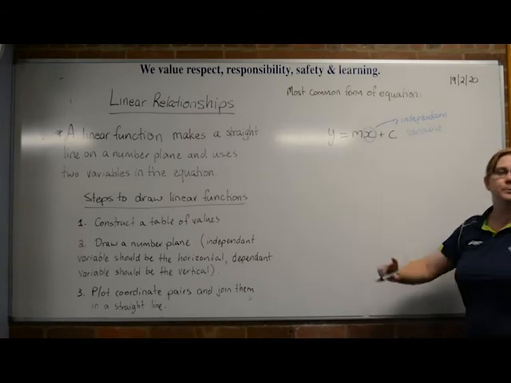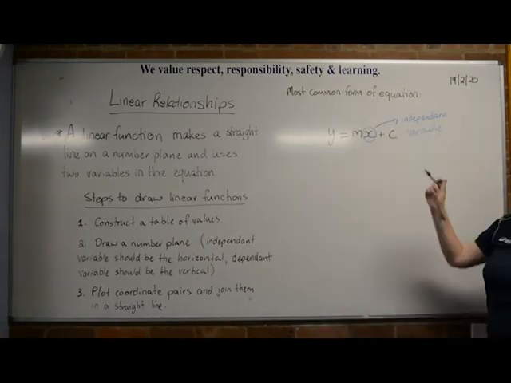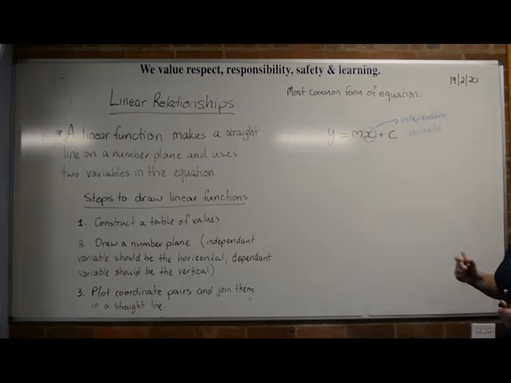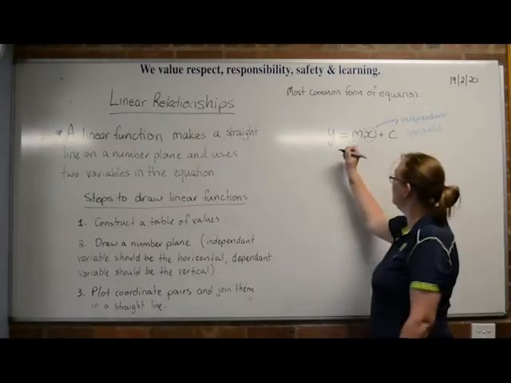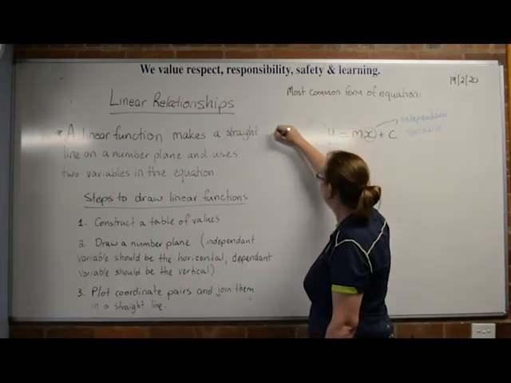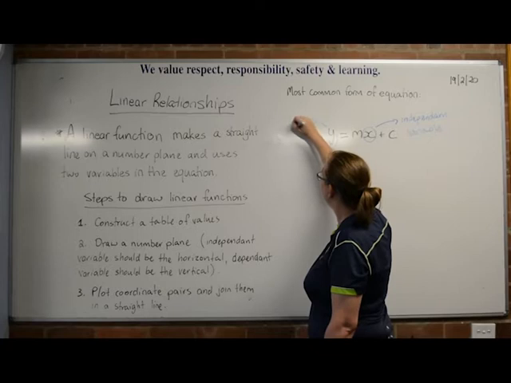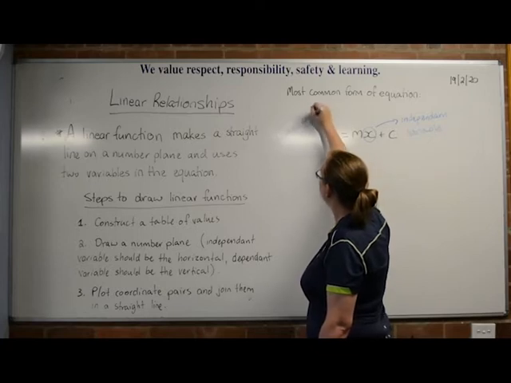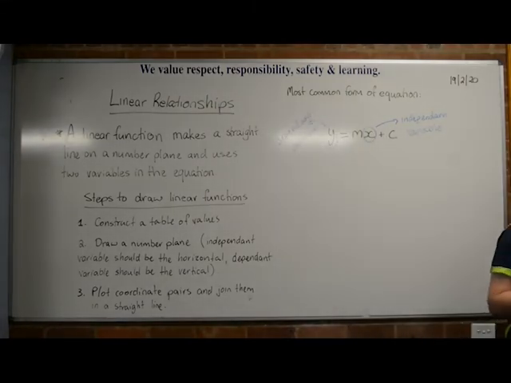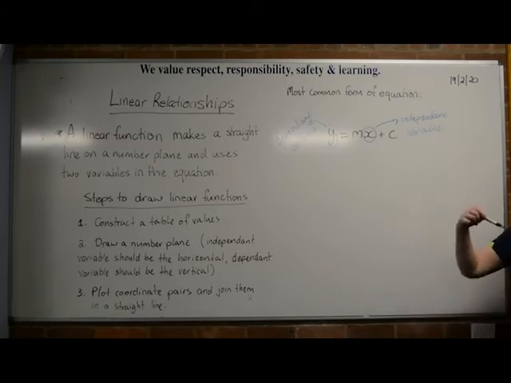We said the independent variable was the horizontal, so x is the horizontal one. That makes y the dependent variable, the one that goes vertically, so it changes depending on what we do to x.